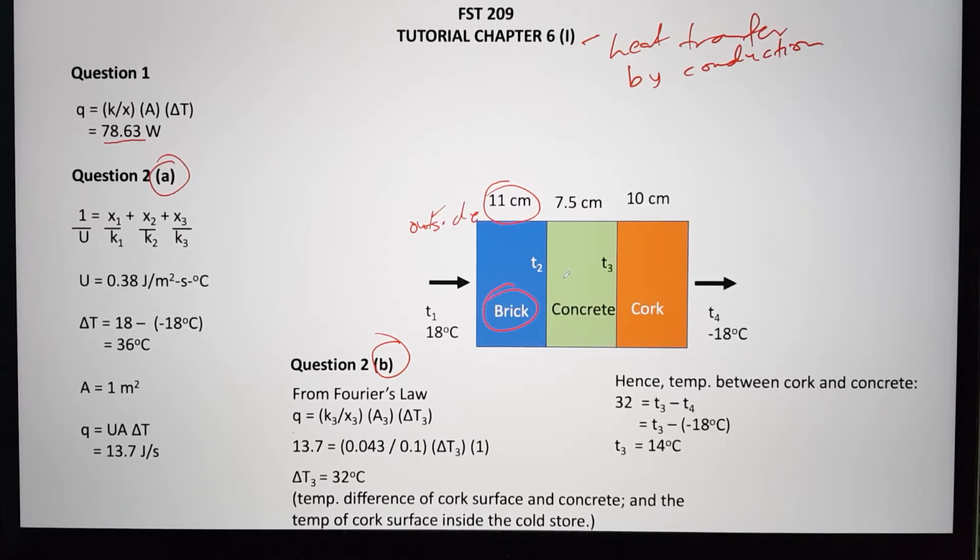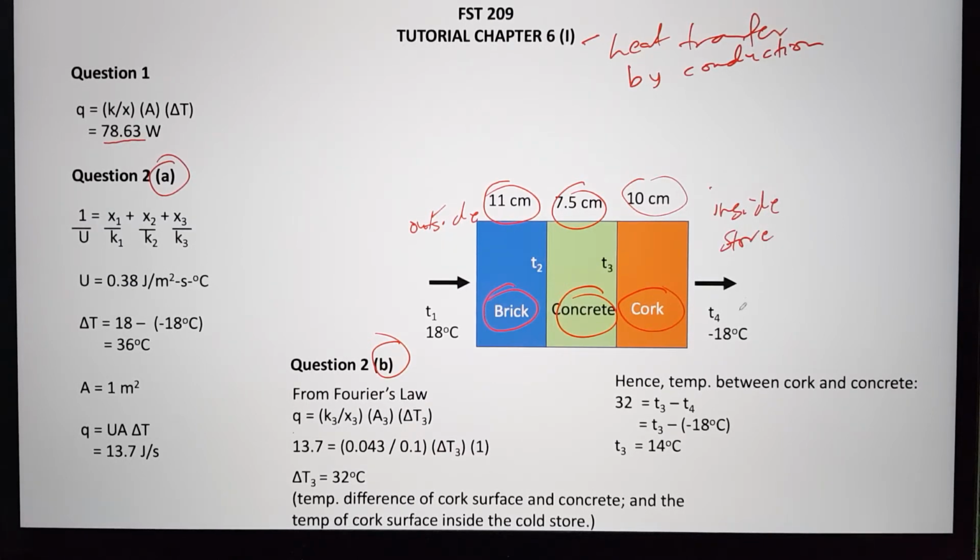Followed by 7.5 centimeter of concrete, and then 10 centimeter of cork material. This one is the inside of the store.